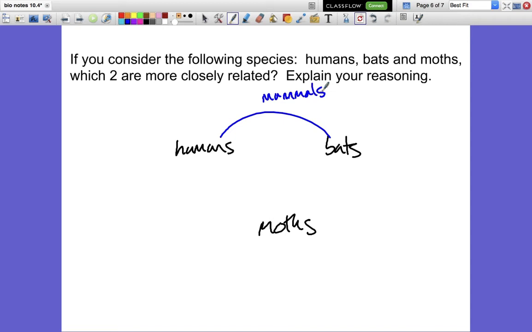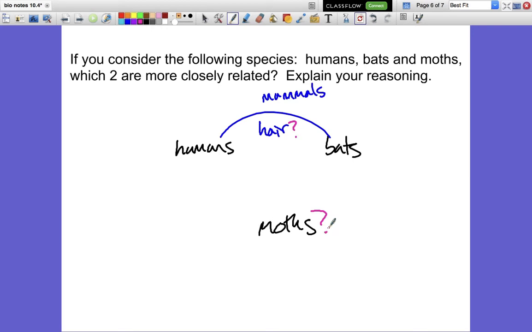So when I say mammals, what do I mean? Mammals have hair. All mammals have hair. So that's a structure. That's something that maybe I could use. But I also have to be careful, because I might use hair, but I might not, because moths have hair-like filaments all over them.